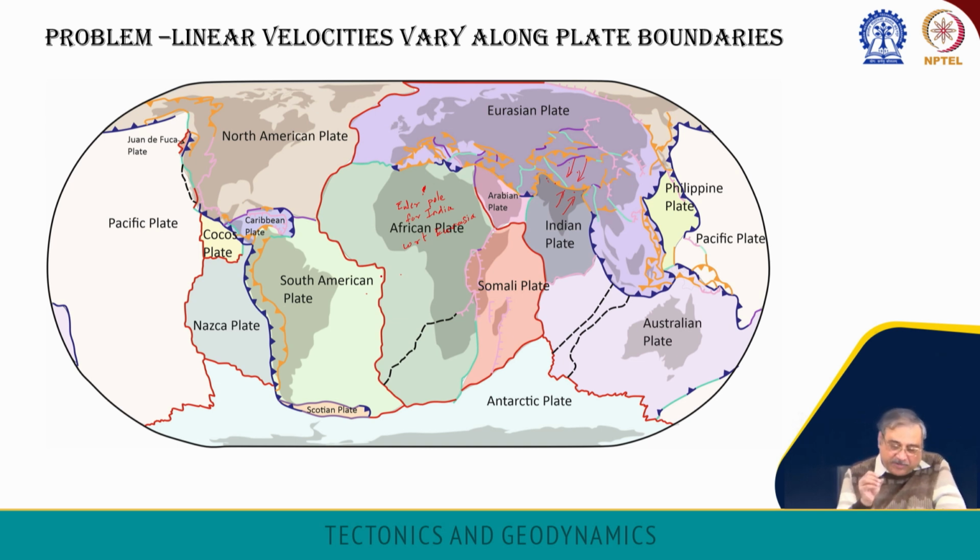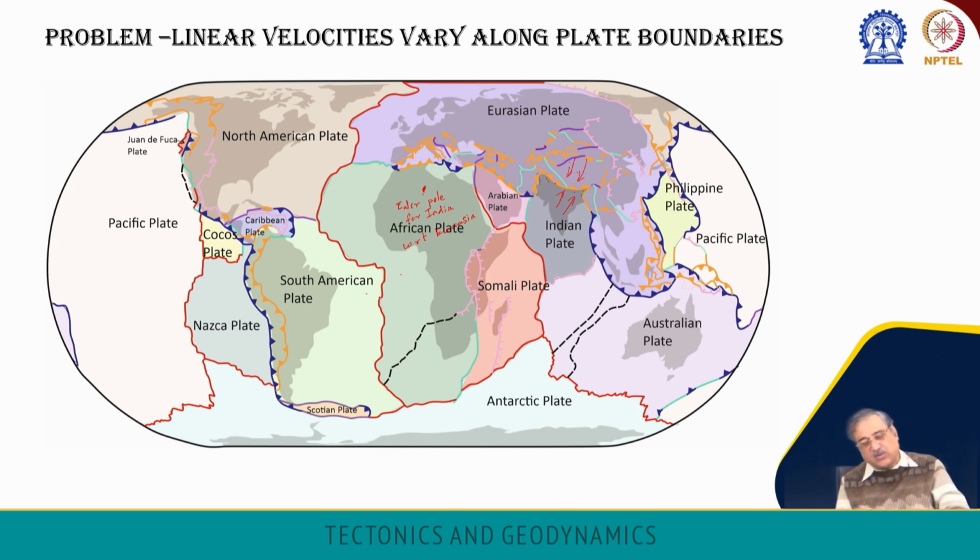So to pinpoint the orientation of the Euler pole of rotation for any pair of plates, we need to have the location of the Euler poles of rotation. Conventionally, we just depict it with the location of the positive pole, which means we can automatically find out the position of the negative pole. And also we need to specify the magnitude of the angular velocity.